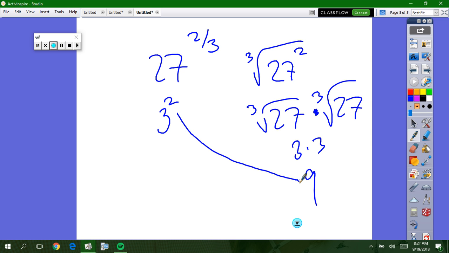Can a square root or any even root ever be negative to make it a real solution? We could have negatives and have imaginary solutions, right? But for real solutions, they always have to be positive, don't they? Okay. Can an odd root be negative? What is the cube root of negative 27?